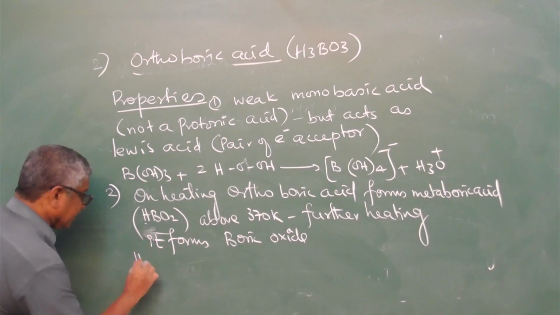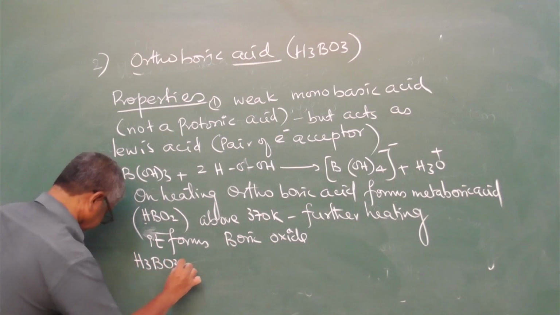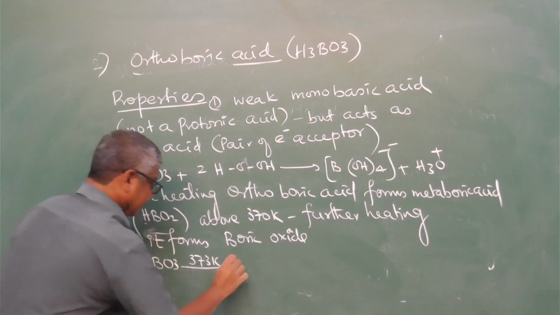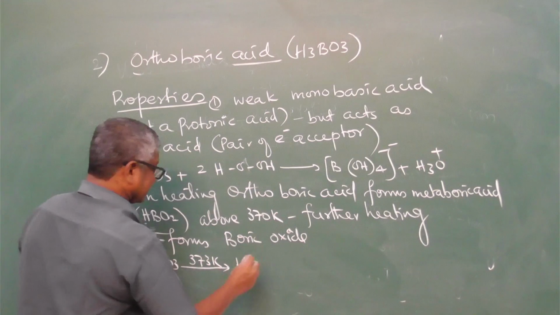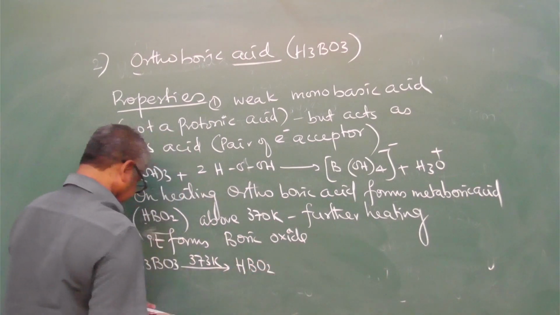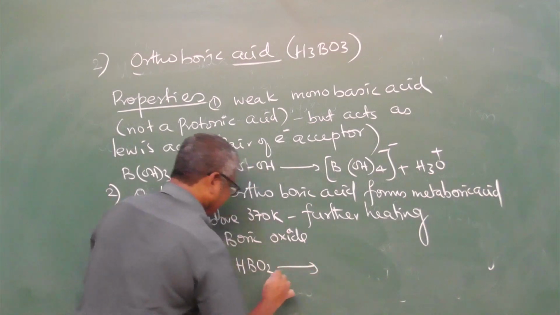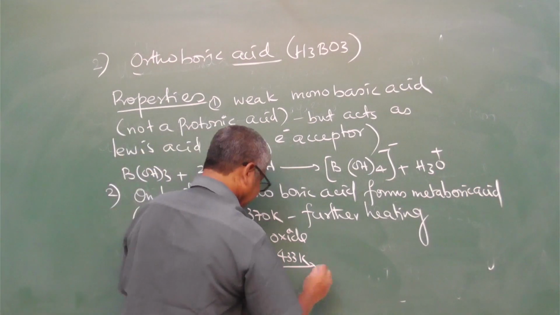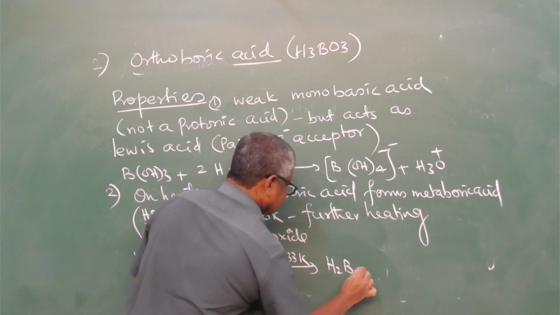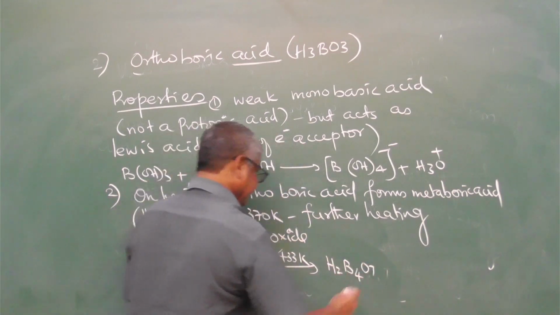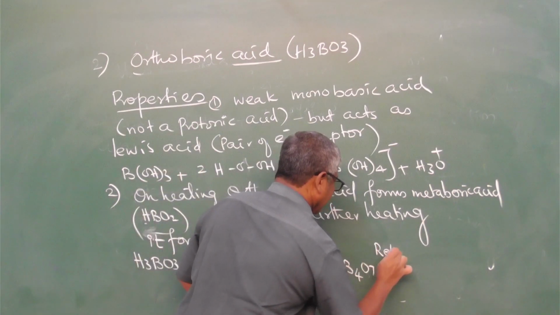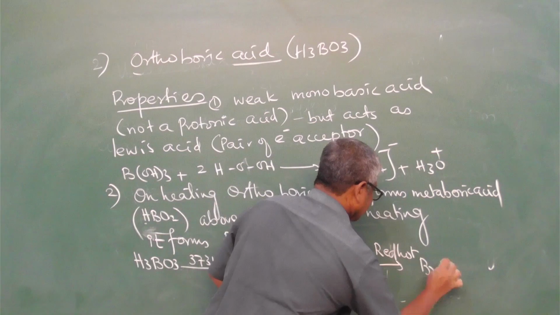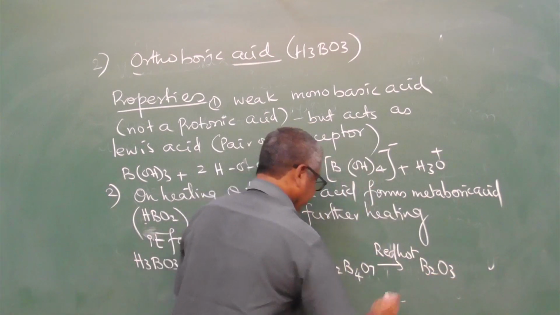Reaction: H3BO3 on heating at 373 Kelvin gives metaboric acid. This on further heating at 433 Kelvin produces tetraboric acid. This on red hot heat produces B2O3, which is called boric oxide.